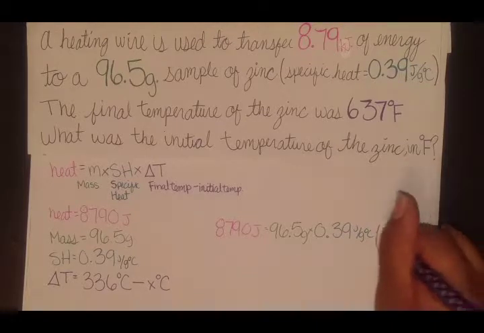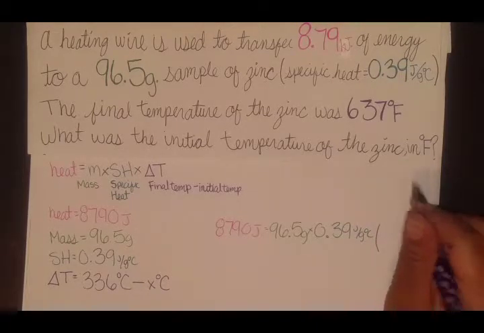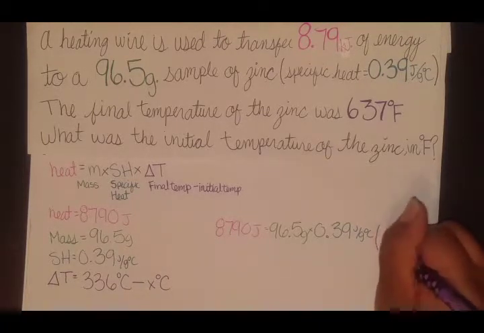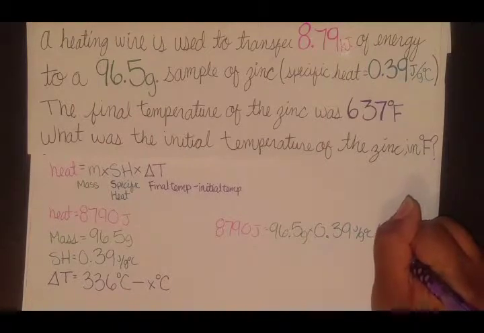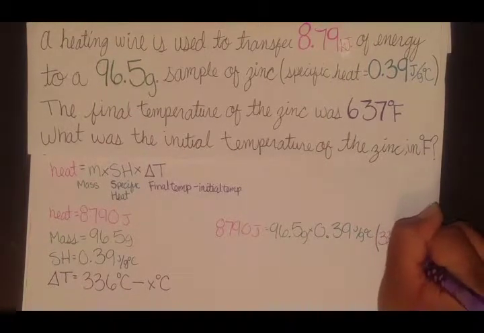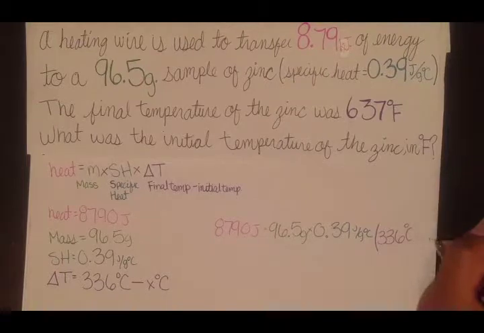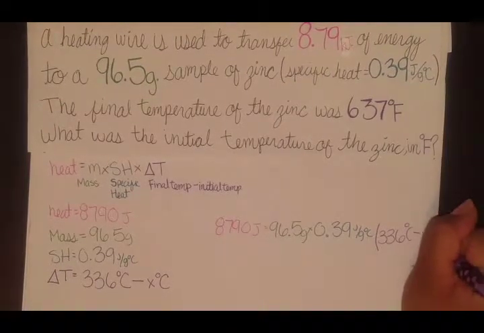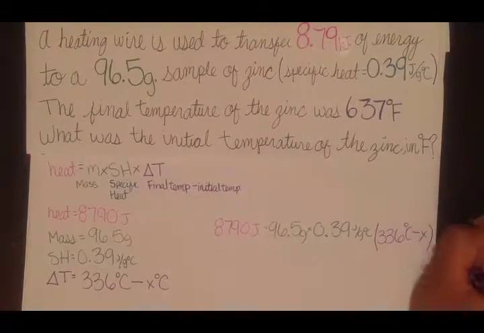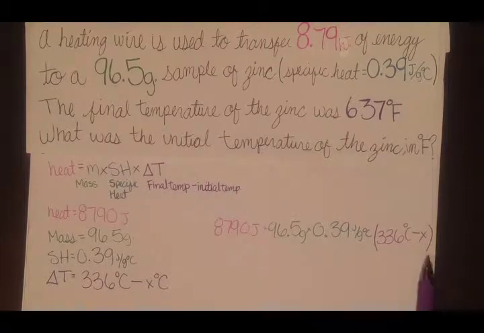We are going to have to find our initial temperature, because that's what our problem is asking for, so 336 degrees Celsius minus x, because we have no idea what this number here is yet.